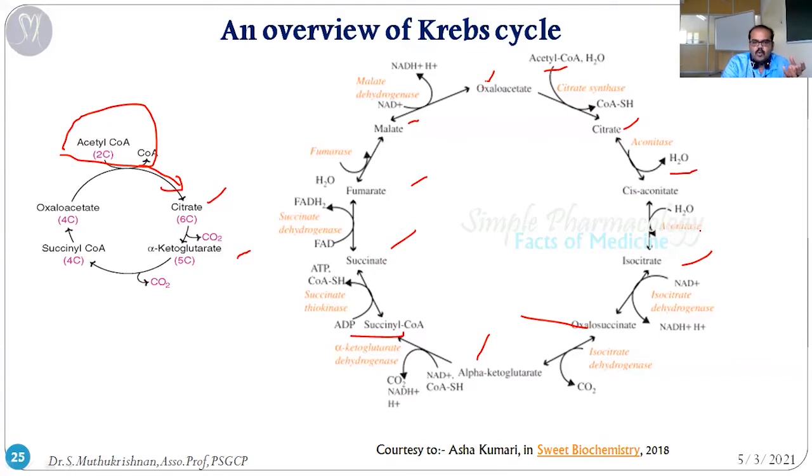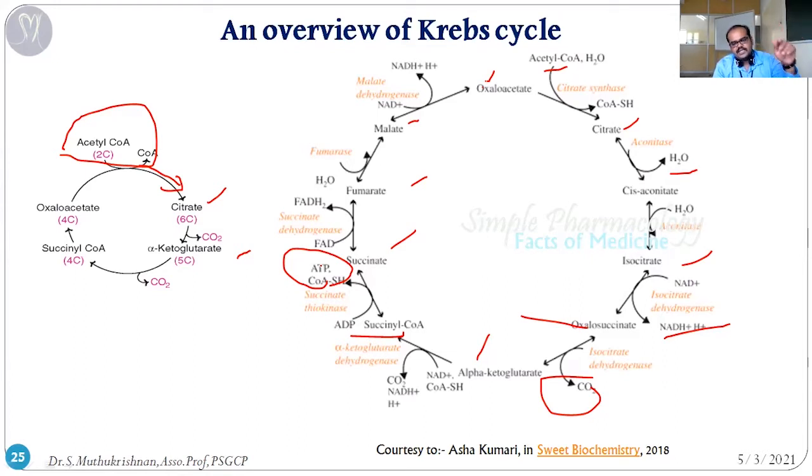It releases water molecules and carbon dioxide, and it yields ATP as an energy source. Because it's a glucose oxidation process, it releases more carbon dioxide and water as intermediate products, and the major product is energy compounds. So this is the overview.